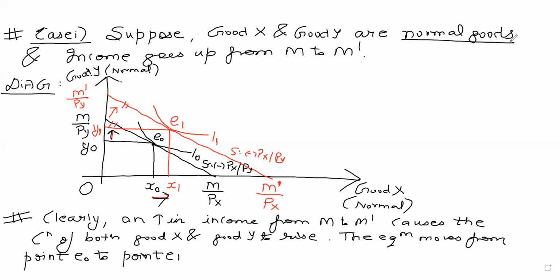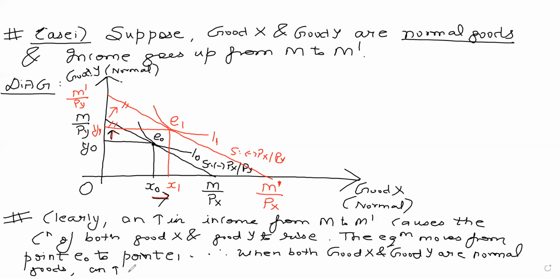So I can say that therefore, when both good X and good Y are normal goods, an increase in income raises the consumption of both the goods.